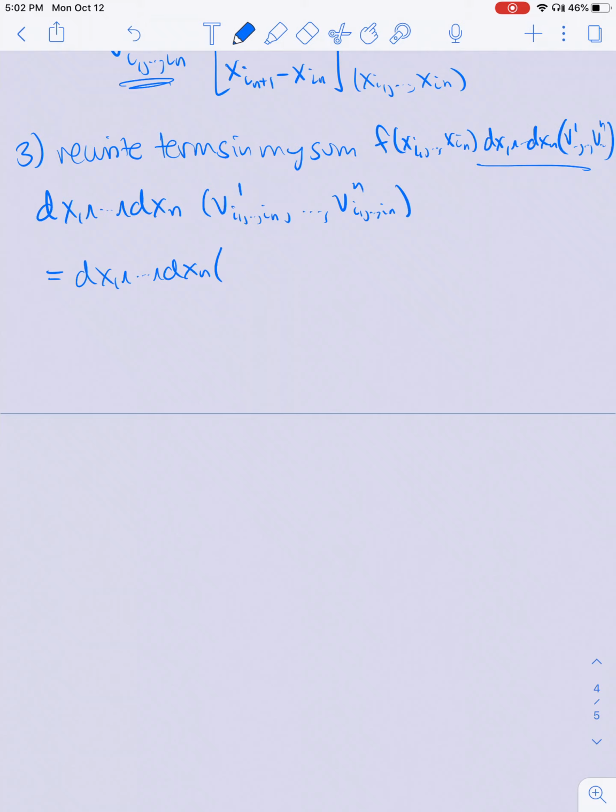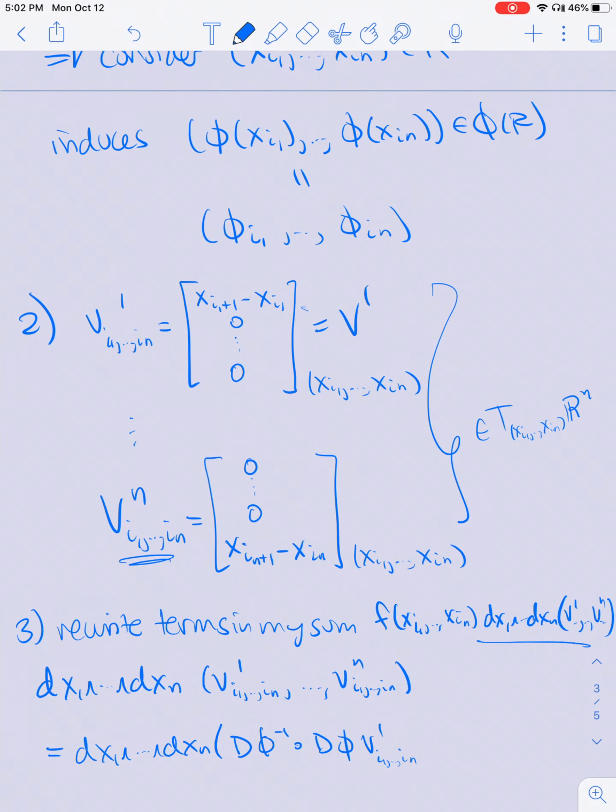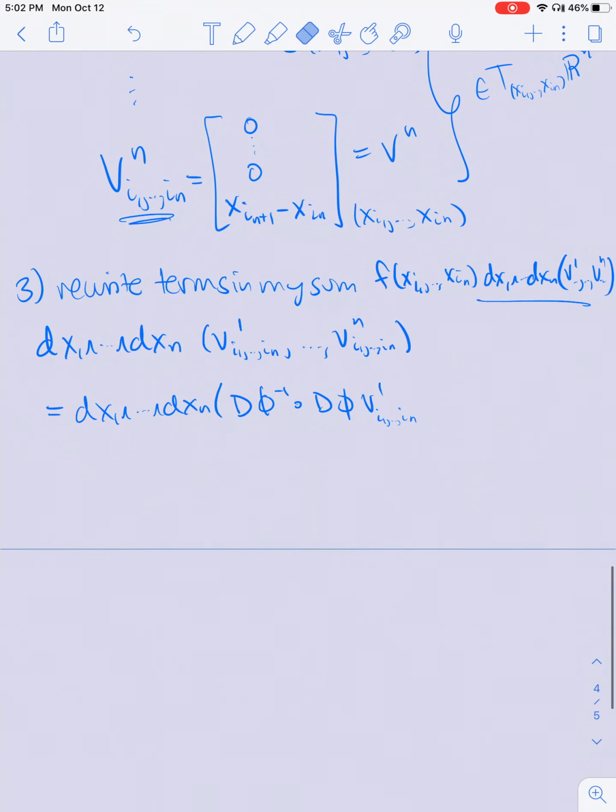Okay, so first let's focus on this second part. It doesn't hurt to multiply every vj at I1 through in by the identity matrix. So I'm going to take d phi inverse and compose it with d phi. That's the identity, and apply it to v1 through vn. I'm just going to call these v1 and vn because there are too many subscripts and it's too confusing.